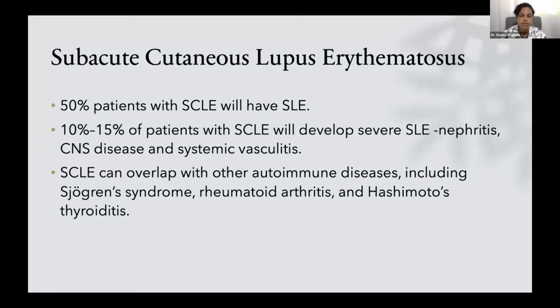10 to 15% of patients with subacute cutaneous lupus will develop severe SLE, and this is when the patient has nephritis or CNS disease like lupus cerebritis and systemic vasculitis. Subacute cutaneous lupus can overlap with other autoimmune diseases, including Sjogren's syndrome, rheumatoid arthritis, and Hashimoto's thyroiditis.